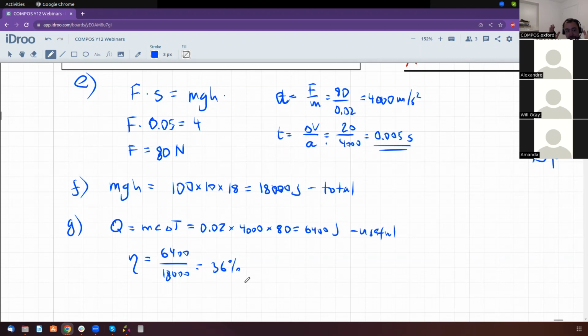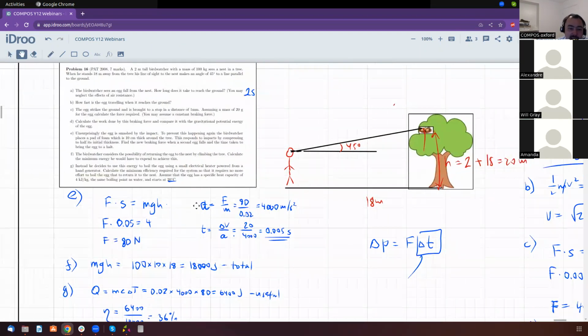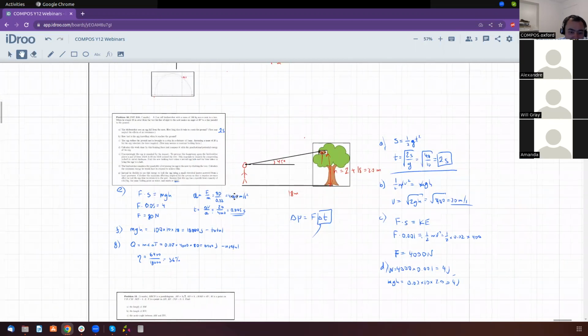So boiling eggs aside, I really like this question because of so many calculations. I think it brings all these things like kinetic energy, gravitational energy, thermal energy into one place.